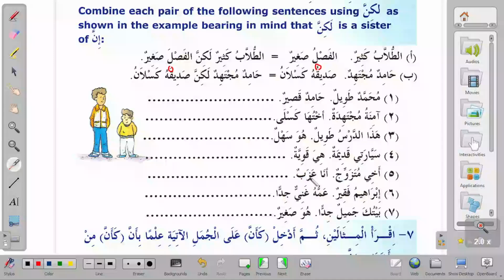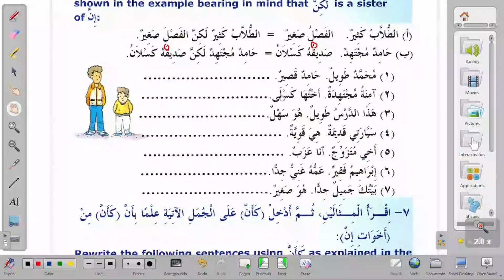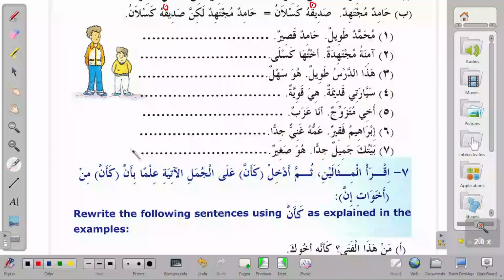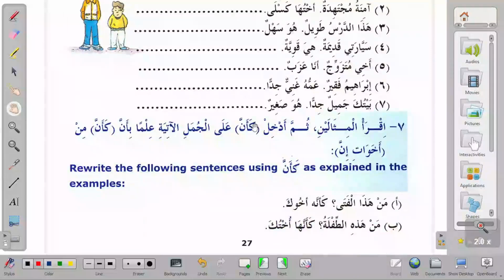Okay, so here we have Ibrahim faqir, لكن عمه غني جدا, but his uncle is very rich. We have here بيتك جميل جدا, your house is very beautiful, لكنه صغير, but it is small, right? لكنه صغير. So that's it.